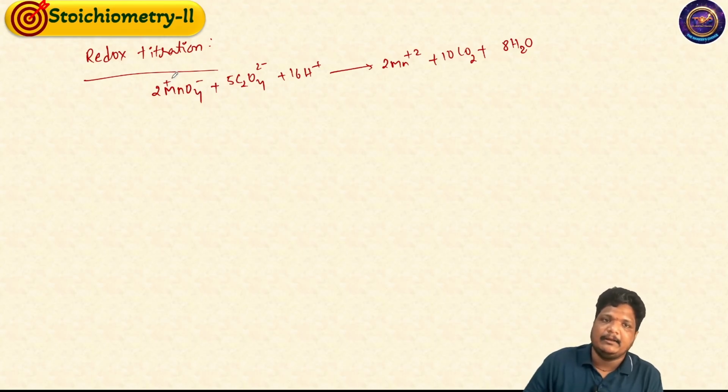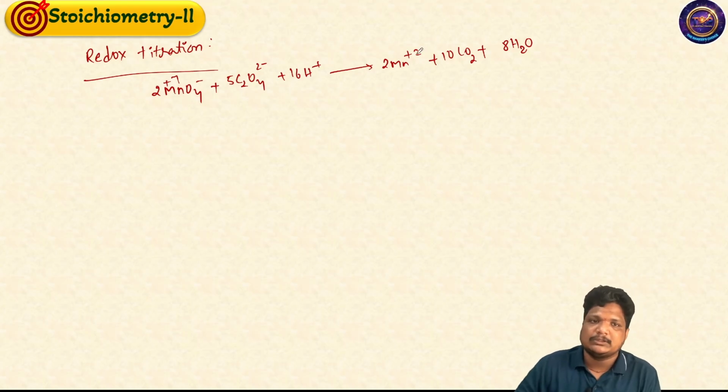Here from plus 7 to plus 2, there is a change in oxidation state of potassium permanganate. In oxalic acid, carbon has plus 3, and in CO2 plus 4. So there is oxidation of oxalic acid and reduction of potassium permanganate.